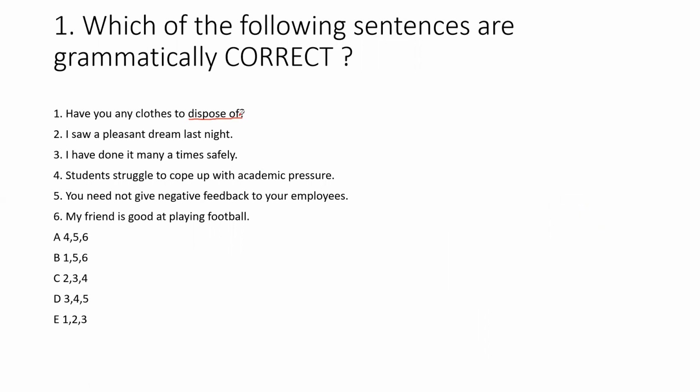We can hold it. Sentence 2, I saw a pleasant dream last night. When we talk of dream, we never say I saw. It was rather I had. So statement number 2 is incorrect. Third sentence, I have done it many a times safely. When we talk of many a, we never use times, we always use time, many a time.